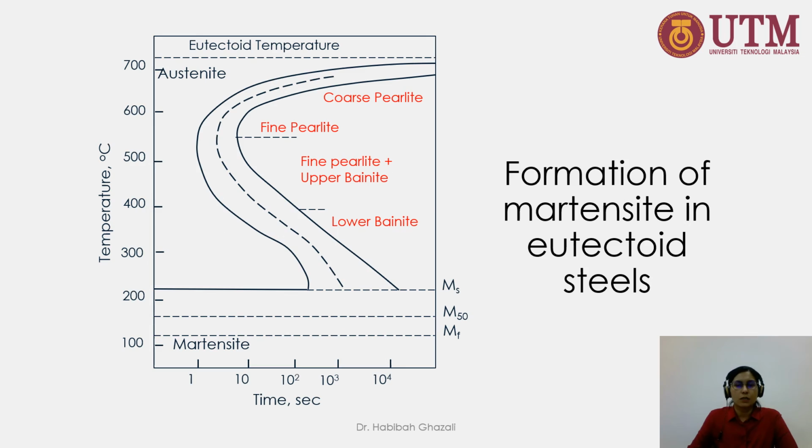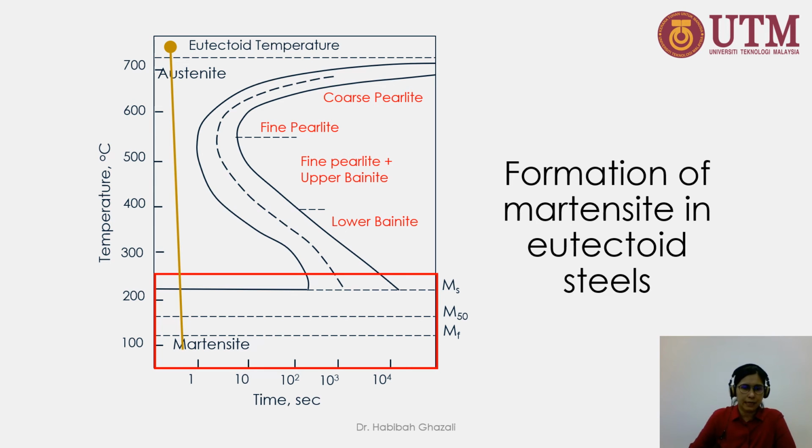So again, using the TTT diagram, you can also transform your eutectoid steel to become fully martensite. For example, you have eutectoid steel that has been transformed into austenite, and we want to transform it to fully martensite. What we need to do is just quench it to room temperature straight away.